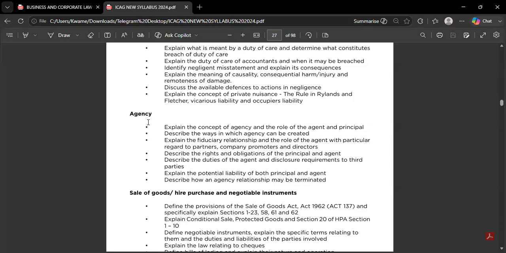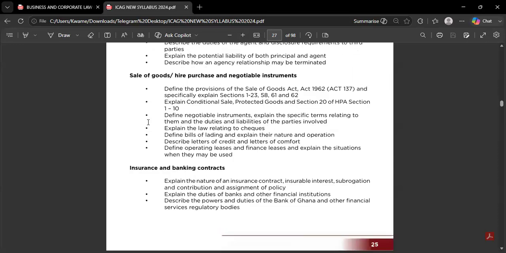And where there are instances of damages or loss arising out of one instruction or the other carried out, who bears the loss? There are instances where the principal bears the loss, and there are instances where the agent bears the loss. That's for agency. Then we have sale of goods, or hire purchase and negotiable instrument.